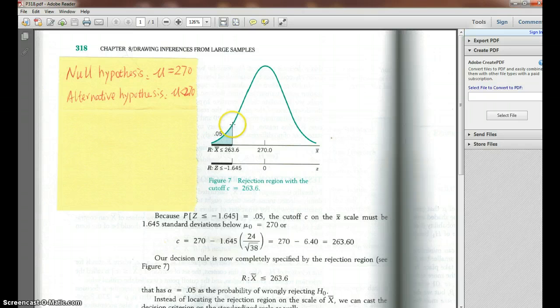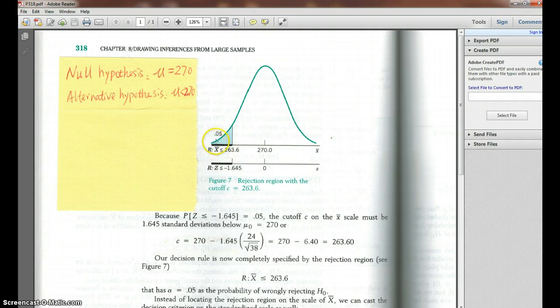We know the area under the curve means the probability, so we want the probability to be 0.05. We did this exercise a lot, and also in the second exam. You can go into the table and find the corresponding z-value.